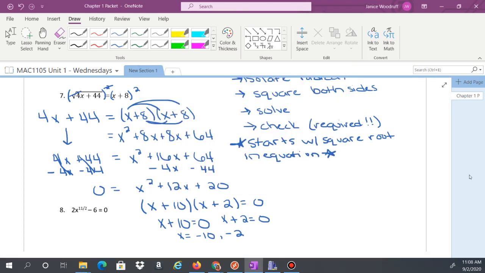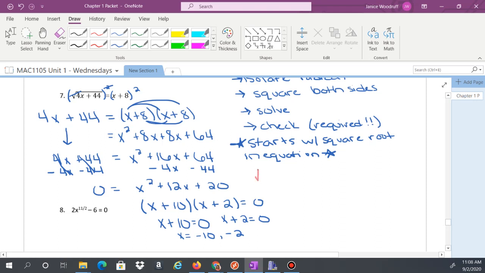Does anybody remember what an extraneous solution is? So an extraneous solution is when you plug it back in and it doesn't work. Okay, usually when you get the answer right, you plug it back in and it should give you a true statement. Extraneous is going to give you a false statement. So here's what we mean by that. Let's check the negative 10.